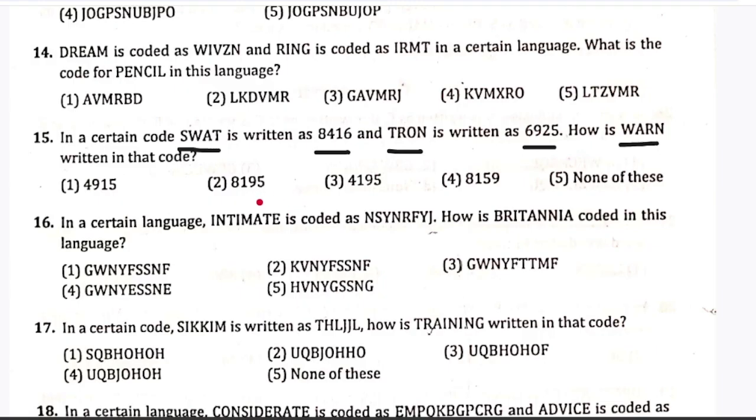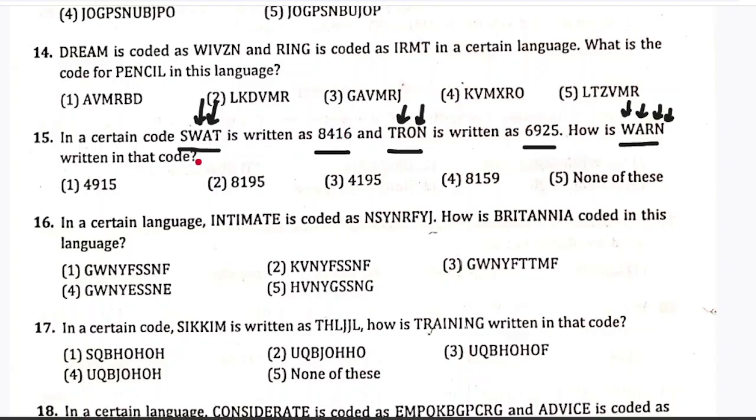Rule number 1 says that if the alphabets in the question, W, A, R, N, are available in my codes, I can see W is here, A is here, R is here, N is also available.